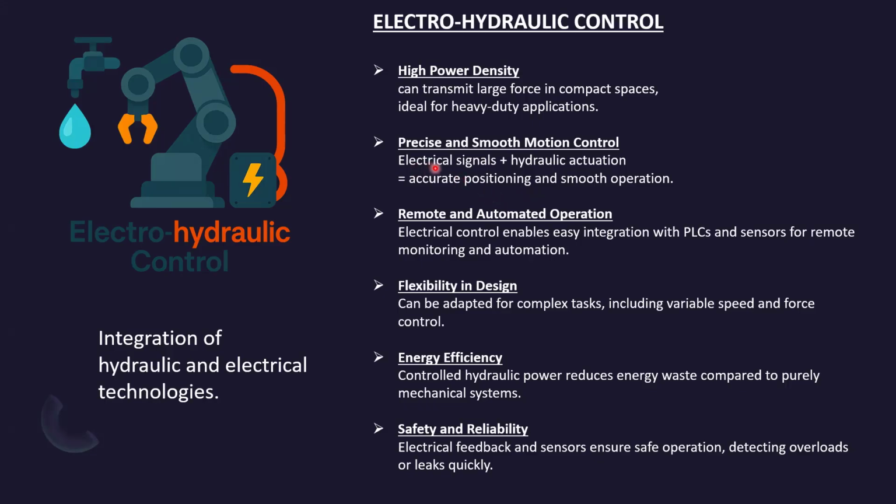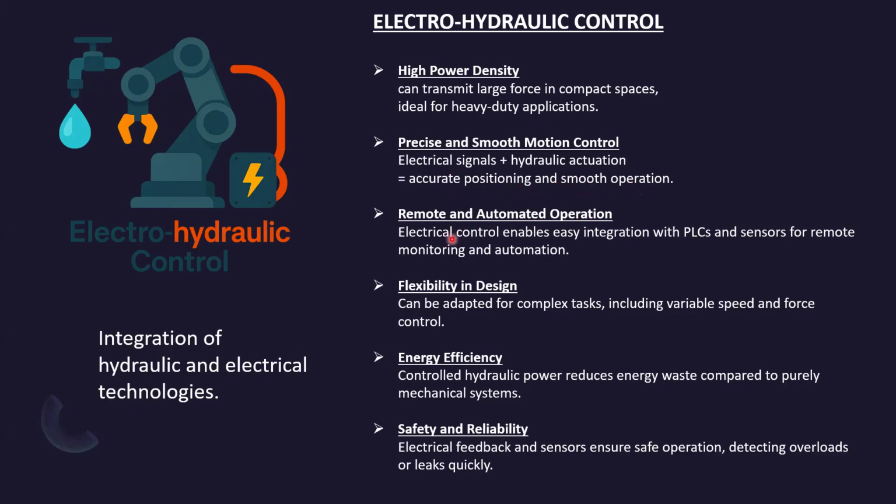But if you have electrical triggers, the electrical signal can be fast, and the hydraulic actuation could be precise and powerful. So we're talking about accurate positioning and smooth operation here.